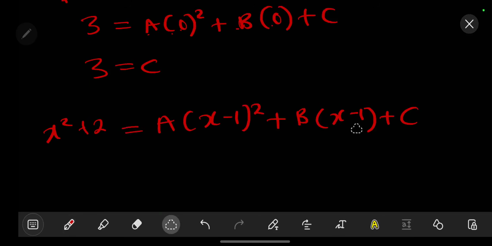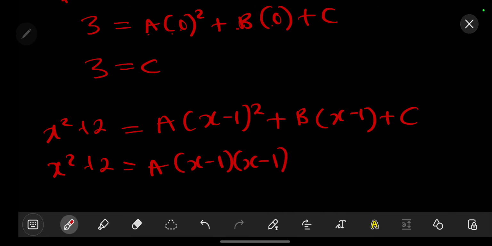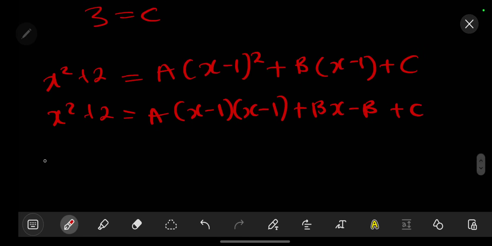So from there is no other way we can eliminate two letters at the same time, so we have to expand. So we have x squared plus 2 should be equal to a times (x minus 1) times (x minus 1), then plus b, b times x will be bx, b times negative 1 will be negative b, plus c like that.